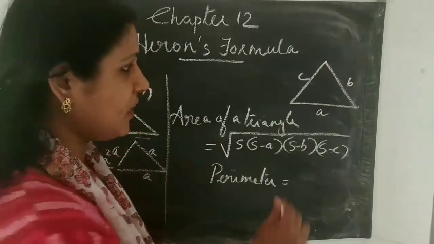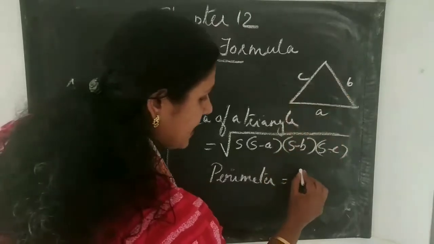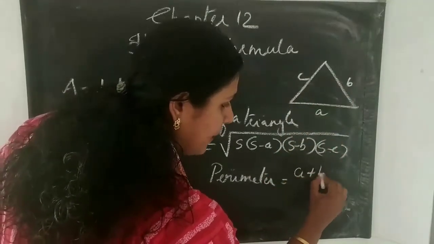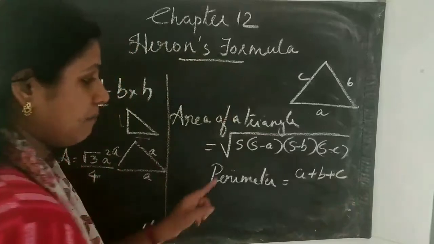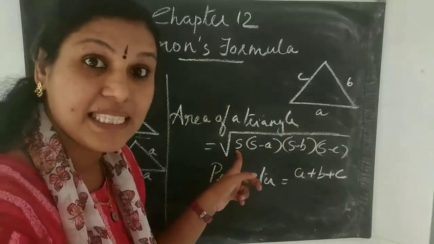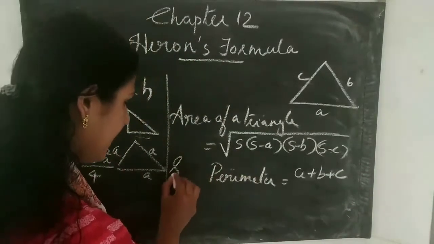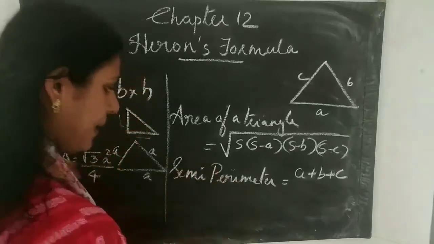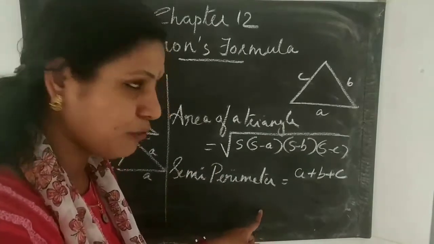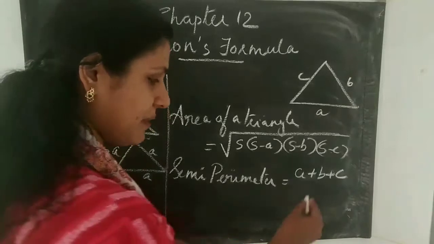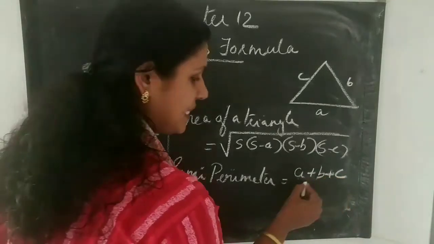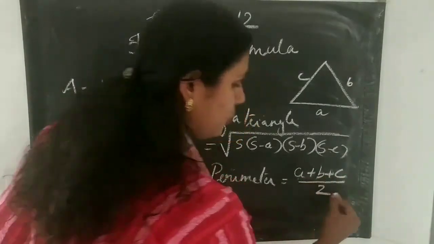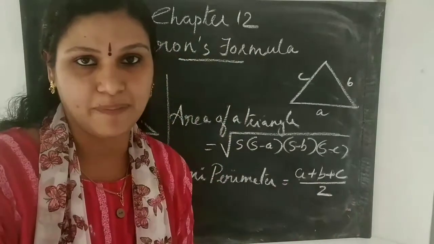So here the perimeter is a plus b plus c. But here it is semi-perimeter. Semi-perimeter, how to find that? Semi-perimeter is (a plus b plus c) divided by 2.